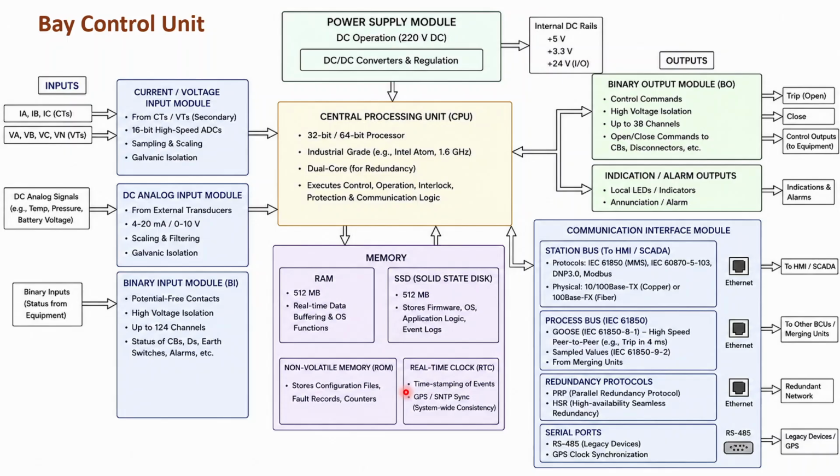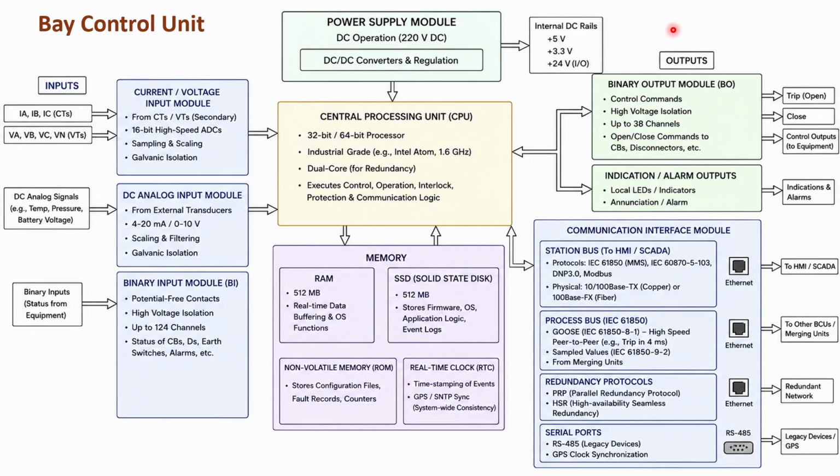The sequence of events can be clearly identified, not only within the substation but also within other connected substations and the central control units, maybe far away from the substation. So the entire system will synchronize to a single clock by using this network time protocol and so on, right?